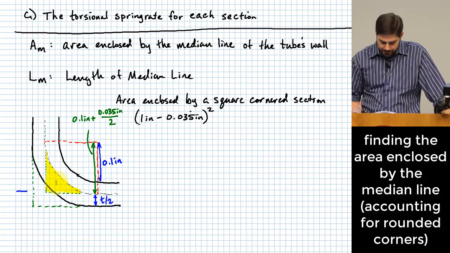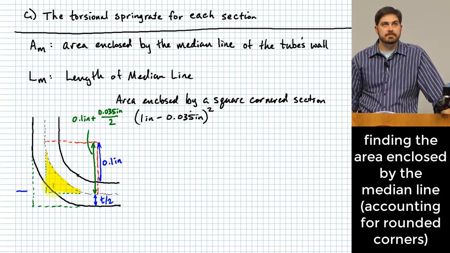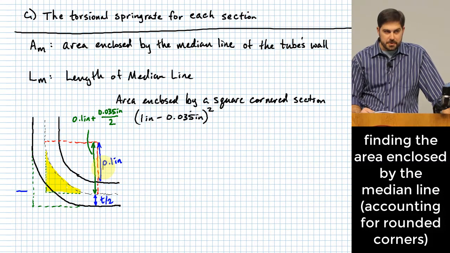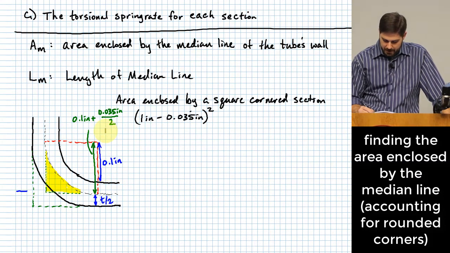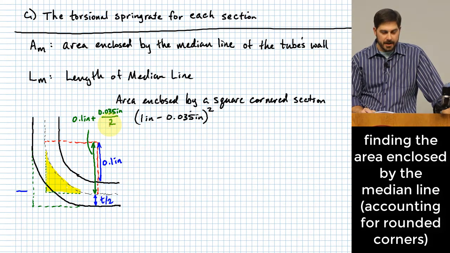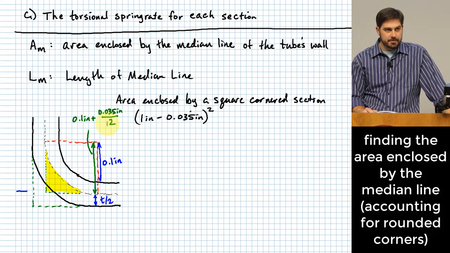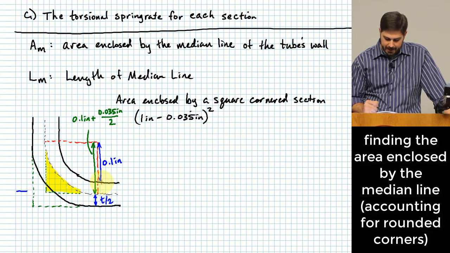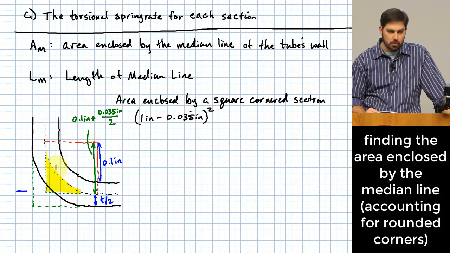So how do I figure out the area of that? The area of the little square here is going to be 0.1 inch plus half of 0.035 inches, squared. But then I've got to subtract, that's the full area, I've got to subtract the area of this quarter circle.